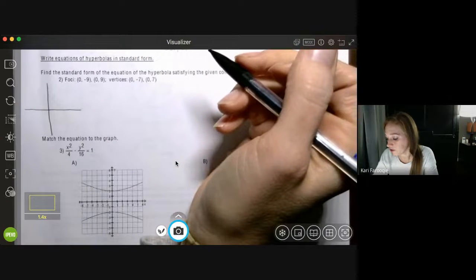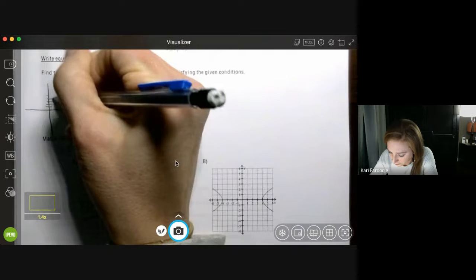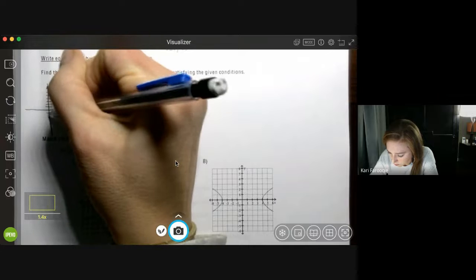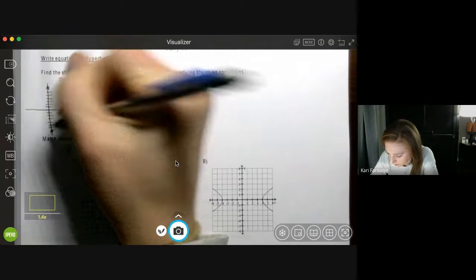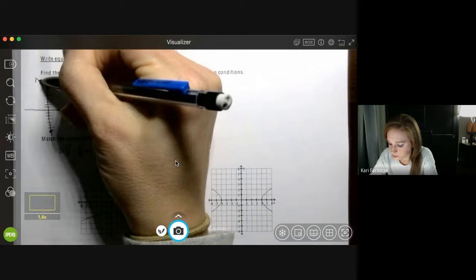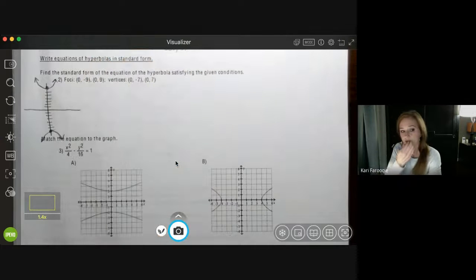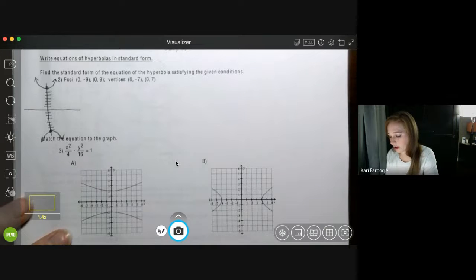So if you have vertices at 0 and then plus or minus 7, then it must be the case that your hyperbola opens up and down, because they have to go through these vertex points. Clearly, it's probably opening wider than what I have shown, but it doesn't have to be a perfect sketch. Put down something so you have an idea of what's happening.